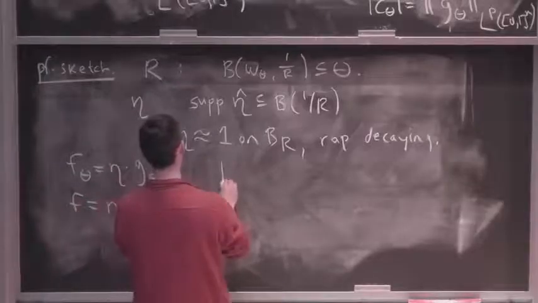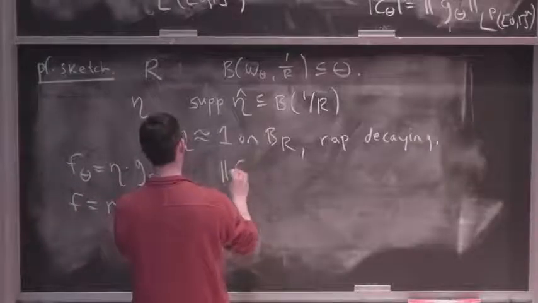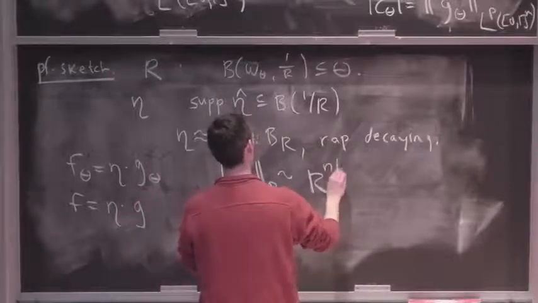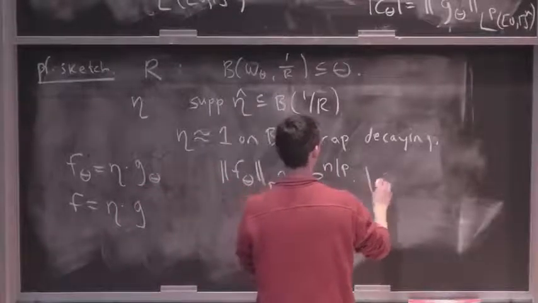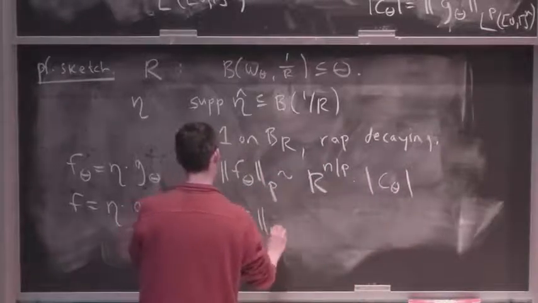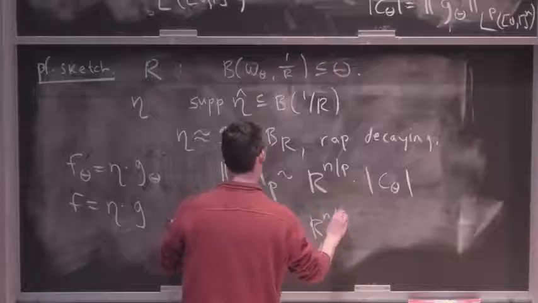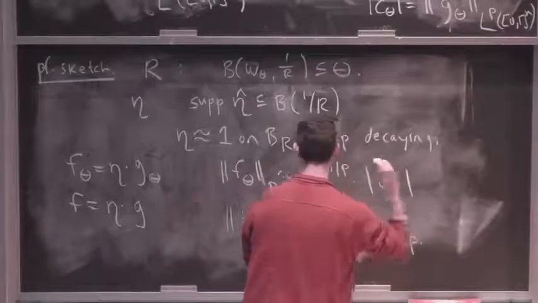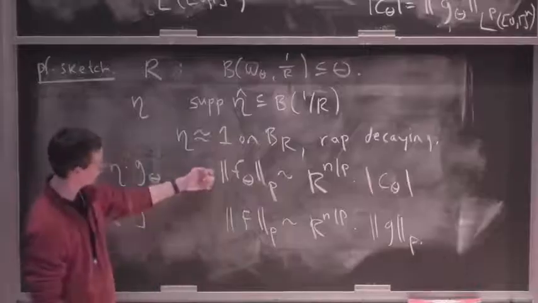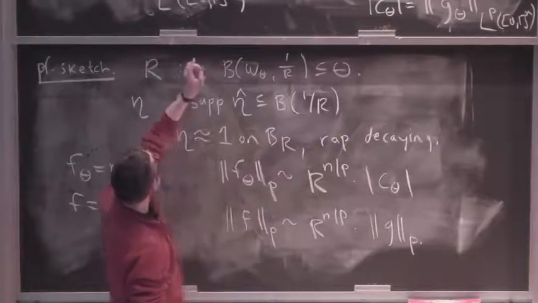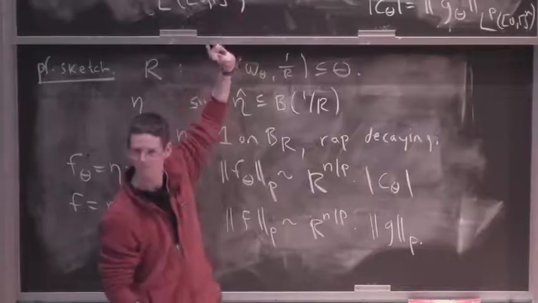So by periodicity, f theta LP is like r to the n over p times g theta, and f LP is like r to the n over p times g LP. And I just plug in the definition of decoupling about how these things relate, cancel these factors, and we get this inequality.